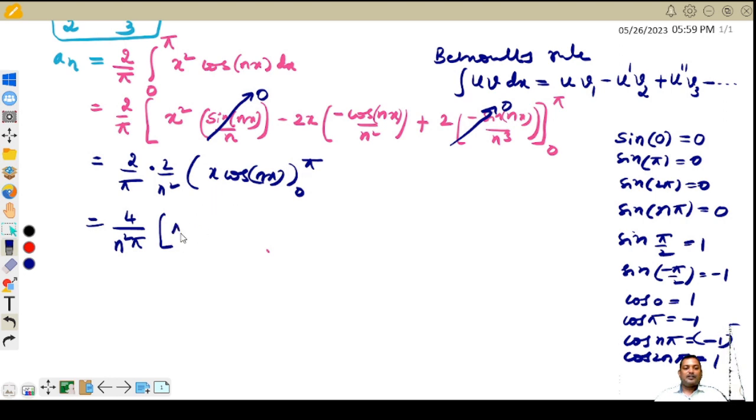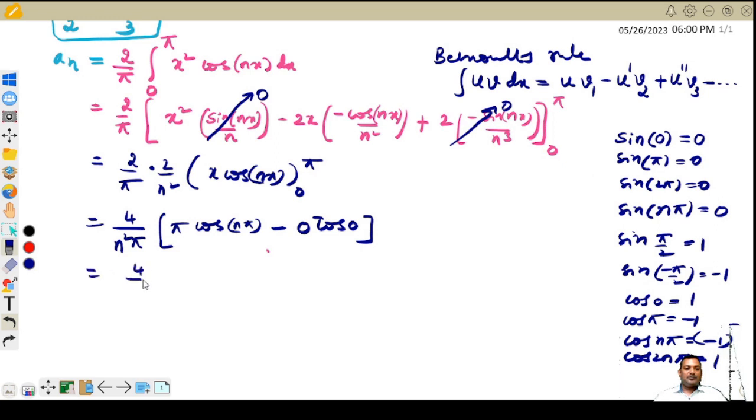Substitute upper limit pi, cos n pi, minus x equal to 0, just substitute 0, 0 into cos of n into 0.